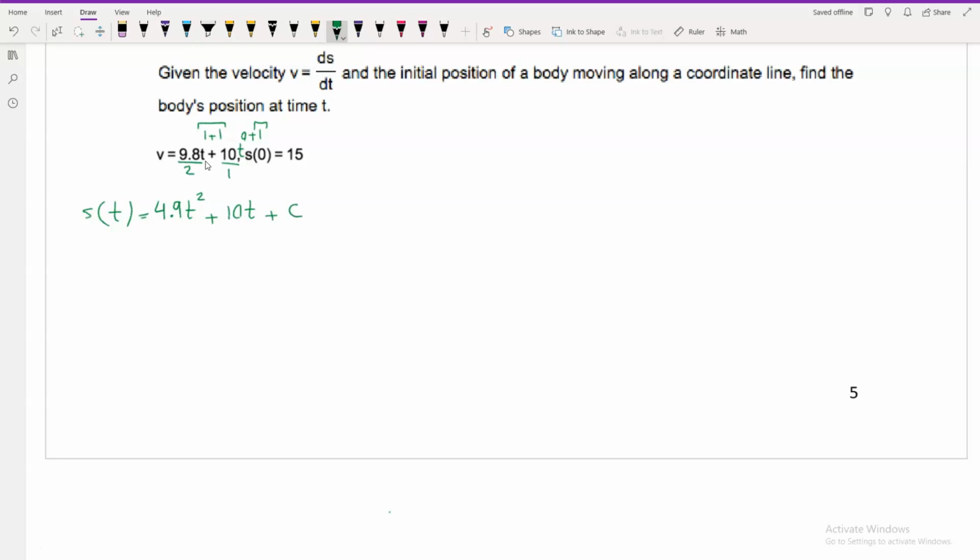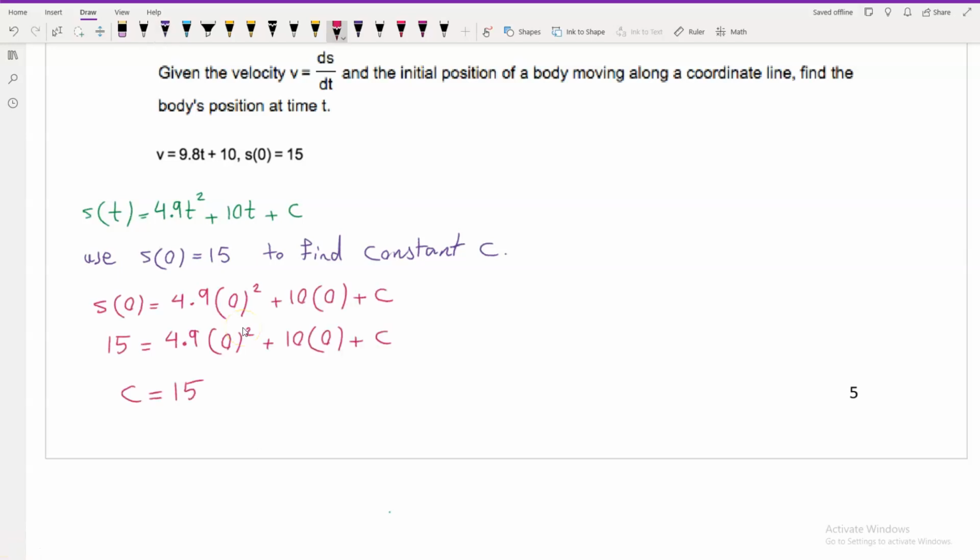Then plus a constant. Now use s of 0 equal to 15 to find the constant c. So s of 0 is equal to 4.9 times 0 squared plus 10 times 0 plus c. S of 0 is 15, so 15 equal to 4.9 times 0 squared plus 10 times 0 plus c.